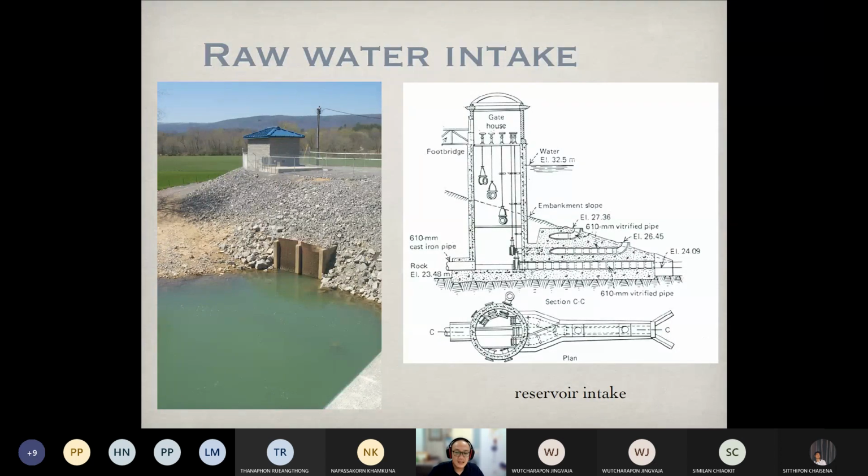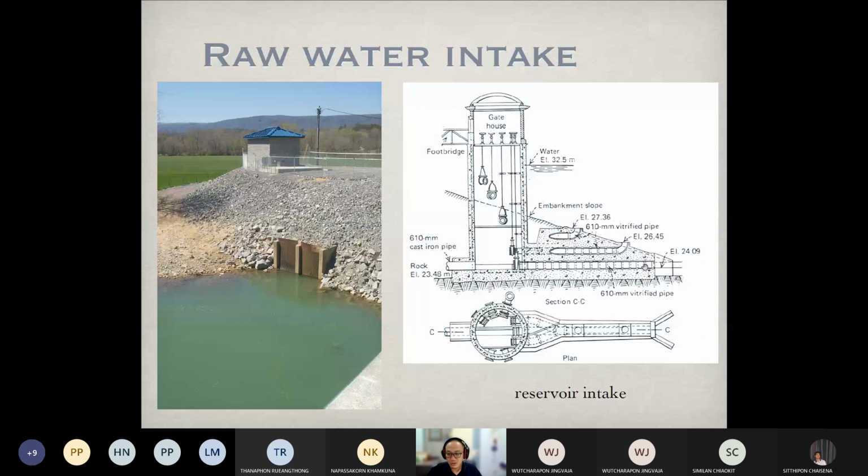These types of intakes consist of various ports, various pipes to withdraw the water at various depths. According to this figure, you would see three pipes installed at various depths of the water.